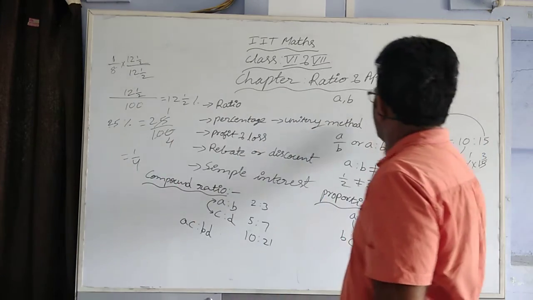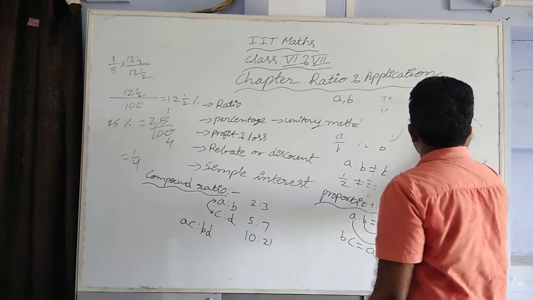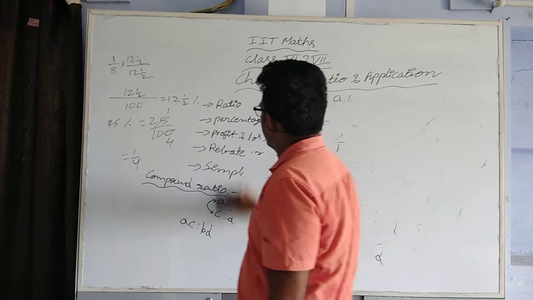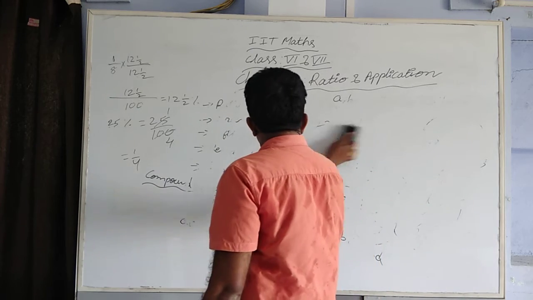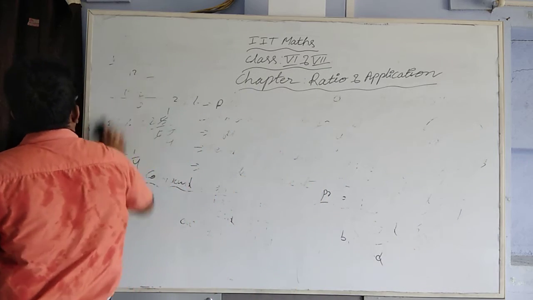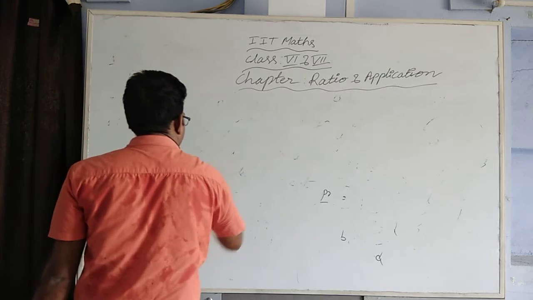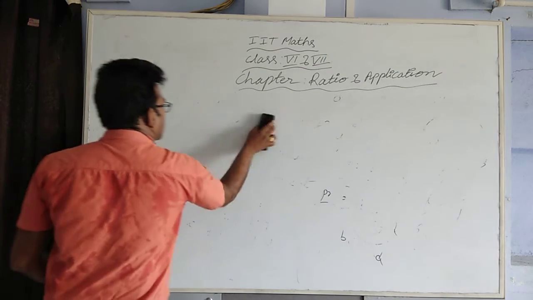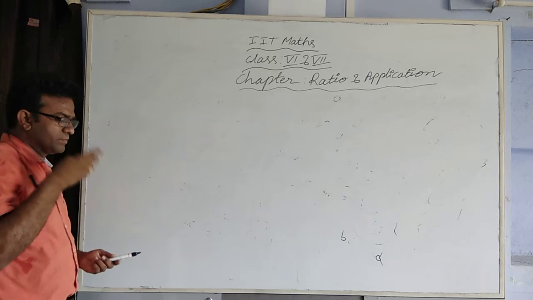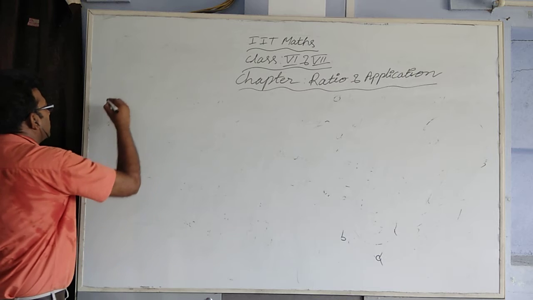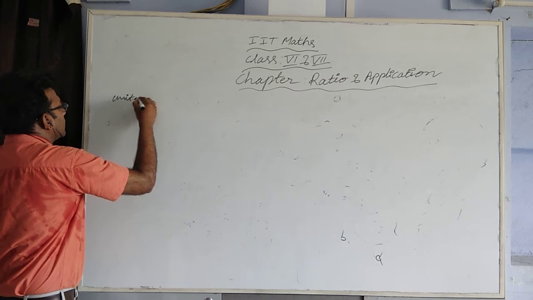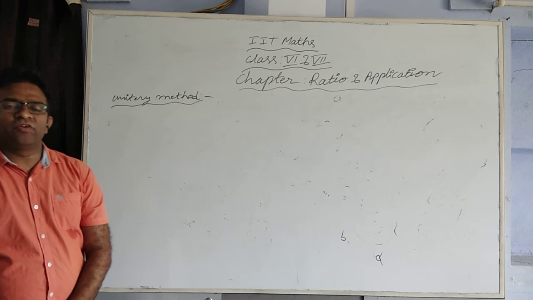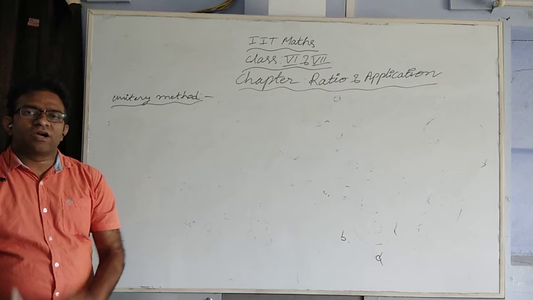Unitary method. If we know the cost of some articles, then we are going to find out the cost of one article.